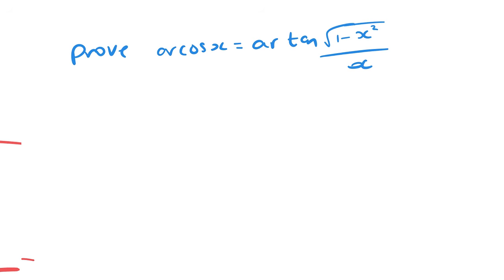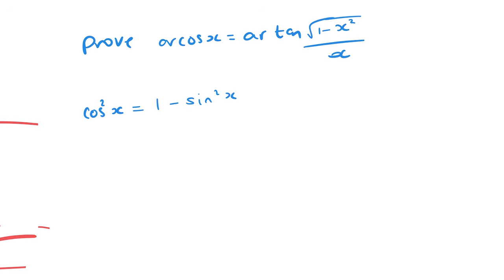It's literally manipulation. So all I want to see you do is manipulate. So you know that cos squared x equals 1 minus sine squared x, does it not? How do you get rid of a squared? We square root. So we now know that cos x equals the square root of 1 minus sine squared x.